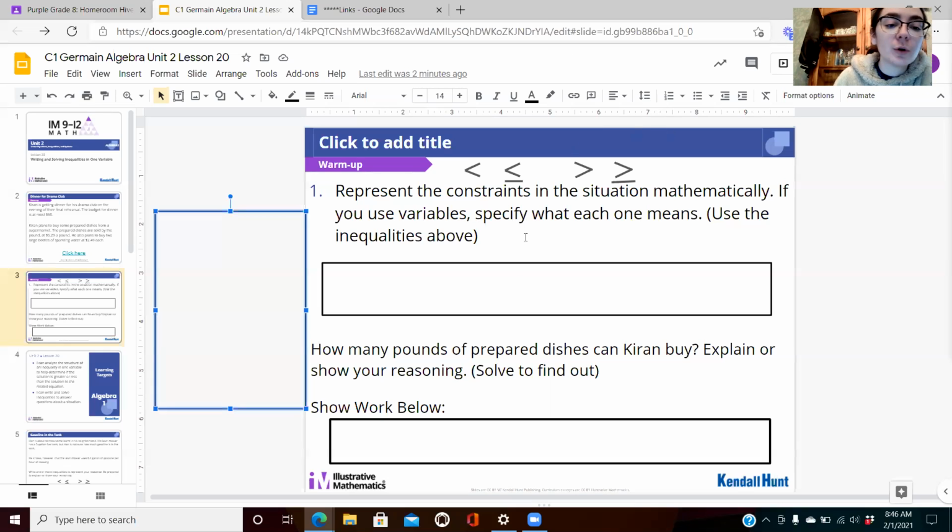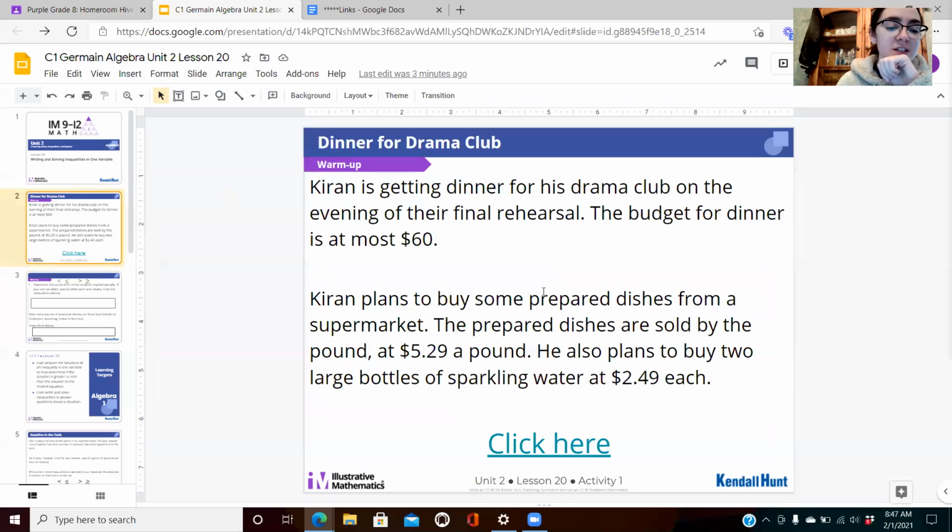Okay, wonderful. So let's take a look at some of these inequalities that we could have written. We could have written 2. We had two sort of paragraphs here. We said the budget was $60, and then we had some more specific information about that story.